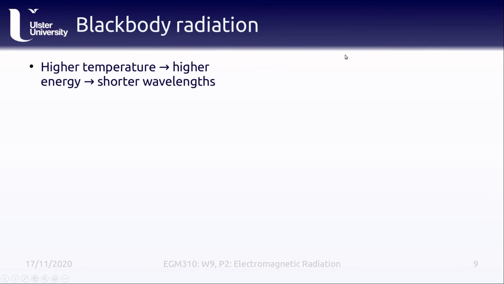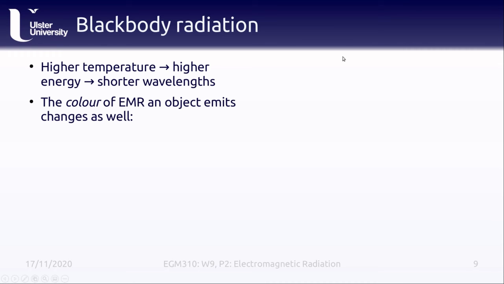Starting to put all of this together, we see that objects with higher temperatures have higher energy, and the electromagnetic radiation they emit will have a higher frequency or a shorter wavelength. This also means that the color of electromagnetic radiation that an object emits will change with temperature as well.